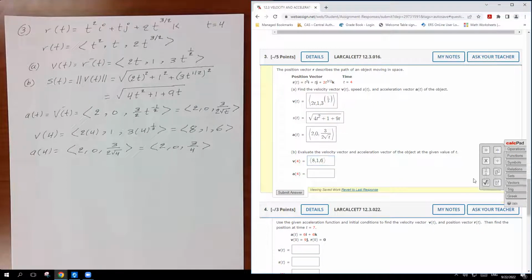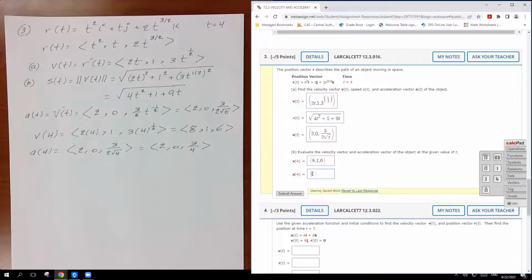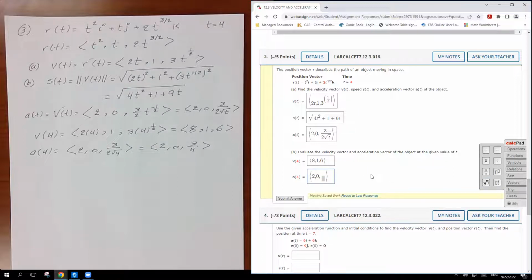And this one is going to be, as a vector, 2, comma, 0, comma, direction, this one, 3/4. Let's check this one.